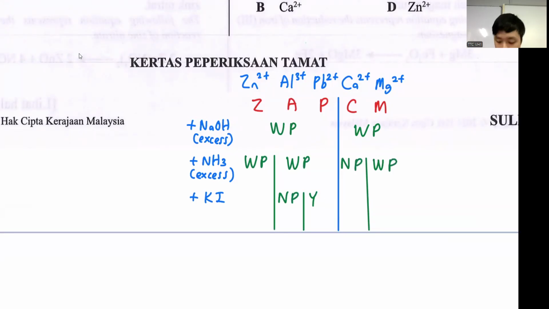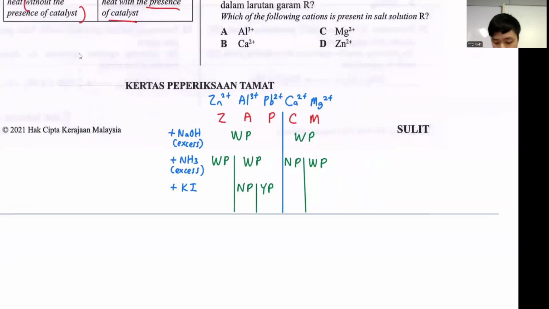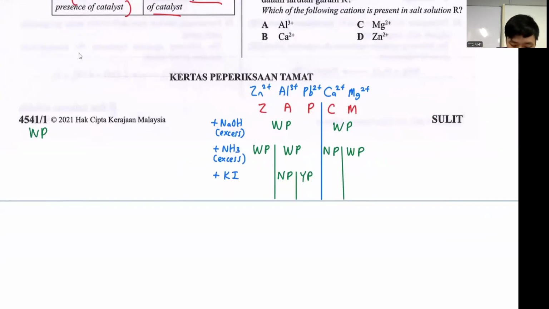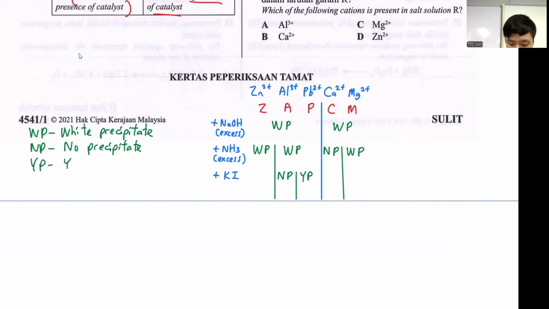P is the precipitate, which also means WP is white precipitate. And P means no precipitate, it means the thing dissolves. YP means yellow precipitate.